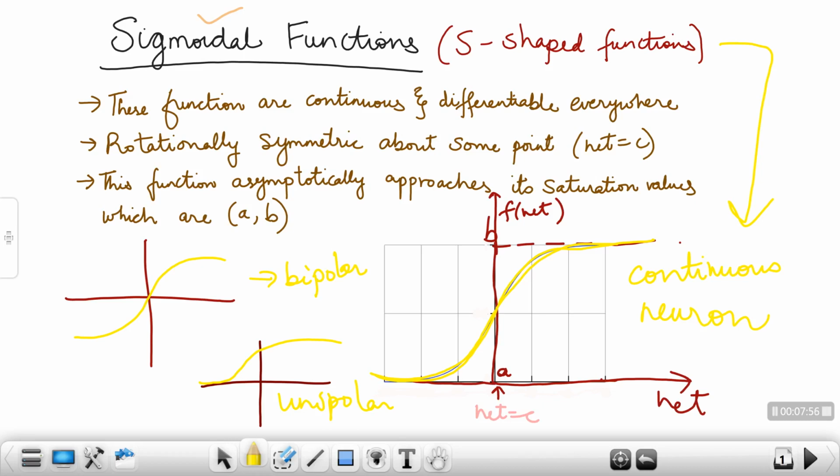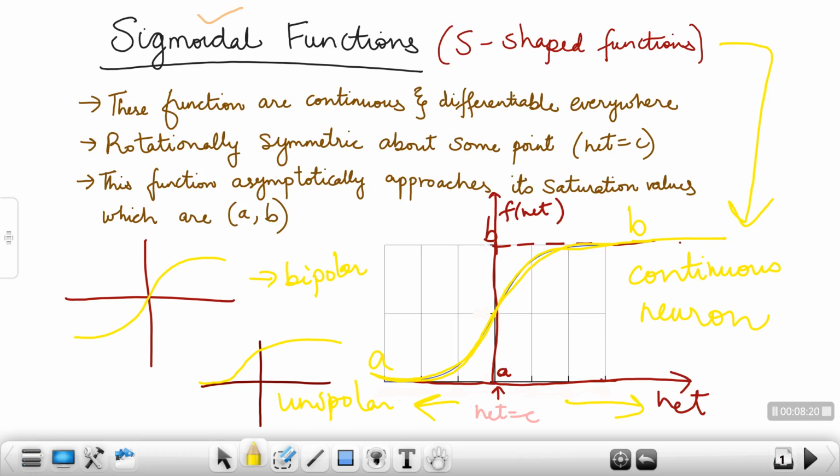Now, this function asymptotically approaches its saturation values. This is the higher saturation value, and this is the lower saturation value, A. It approaches a maximum as net goes on increasing, and a minimum as net goes on decreasing. Is that clear?